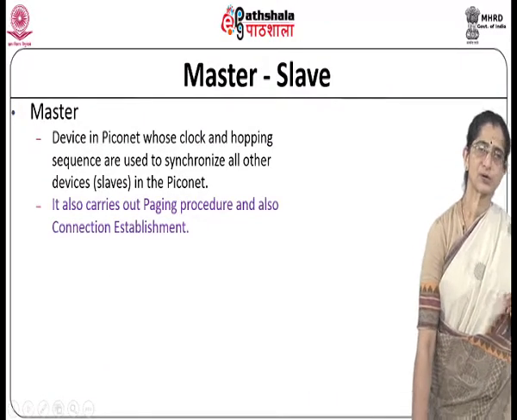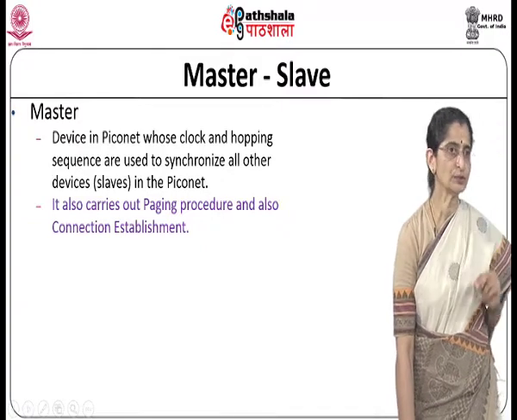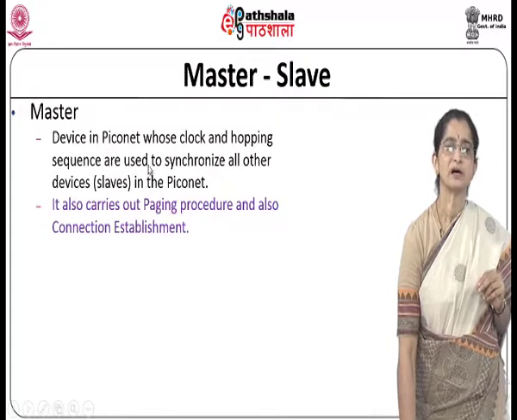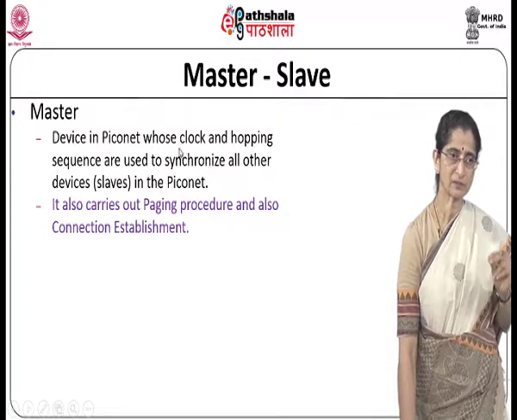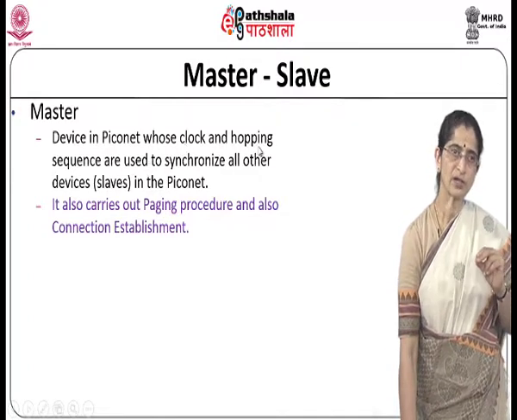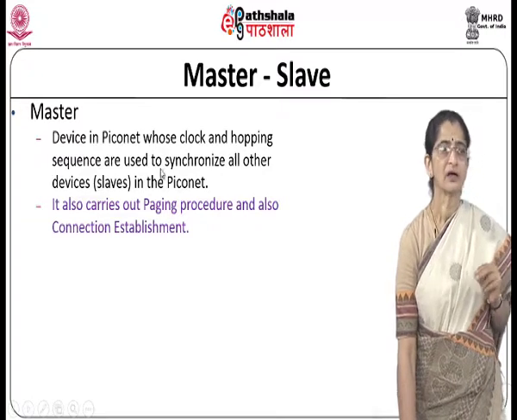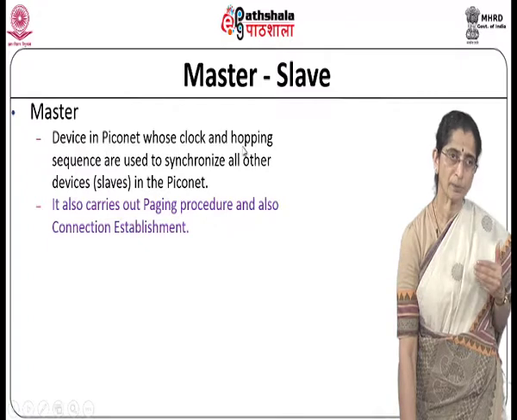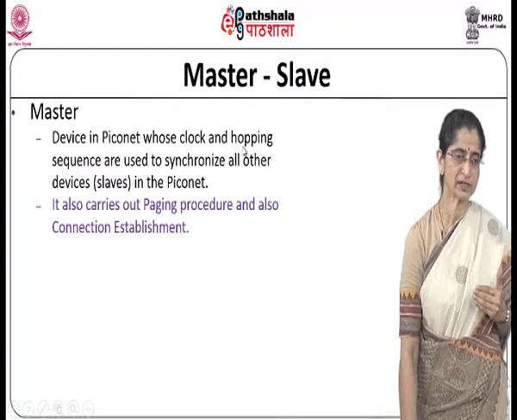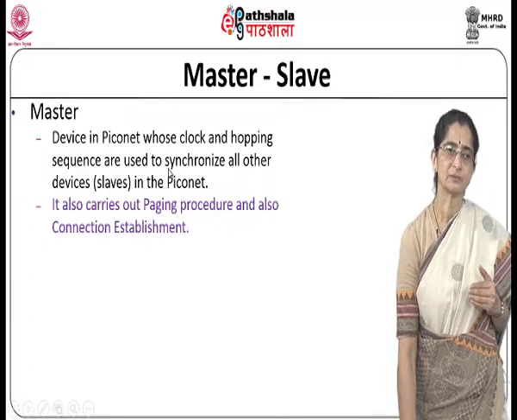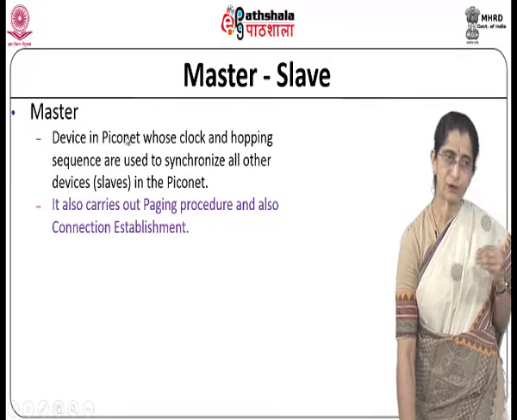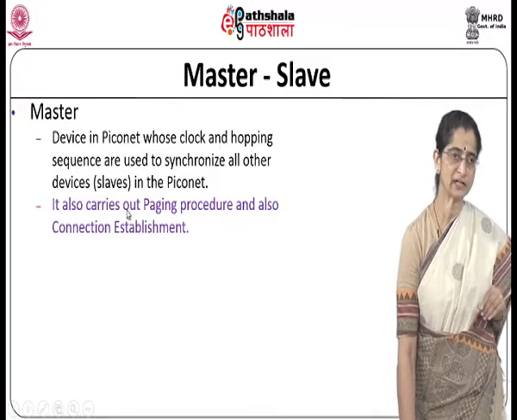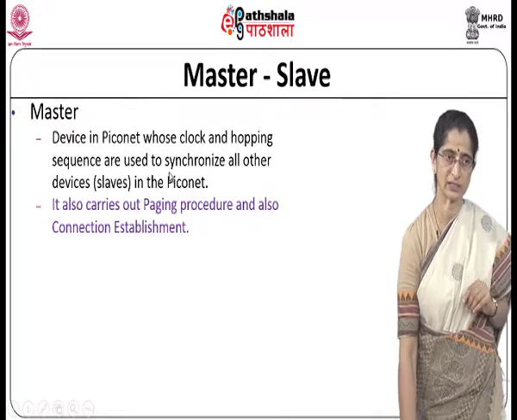Now we talked about a master and a slave. These are 2 important components here. So, what is the master device supposed to do? The master device in a piconet is the one whose clock and hopping sequence, since we said a frequency hopping mechanism is used, that is, the different frequencies that are used, are what is used to synchronize all the other devices in the piconet, that is, all the other slaves.